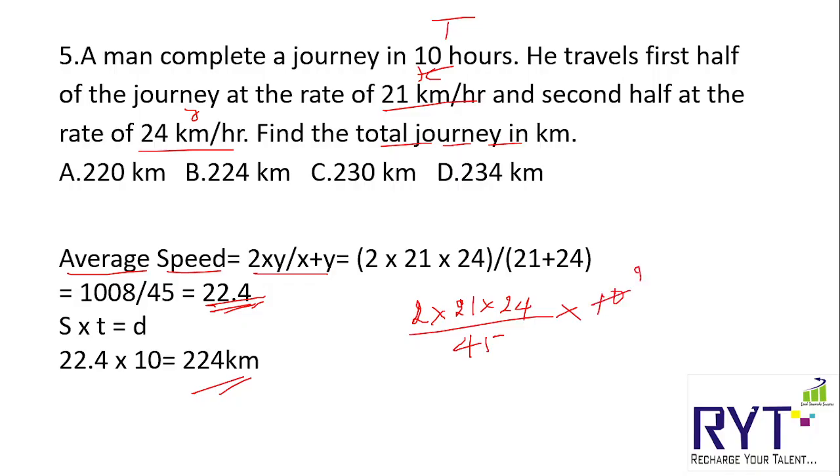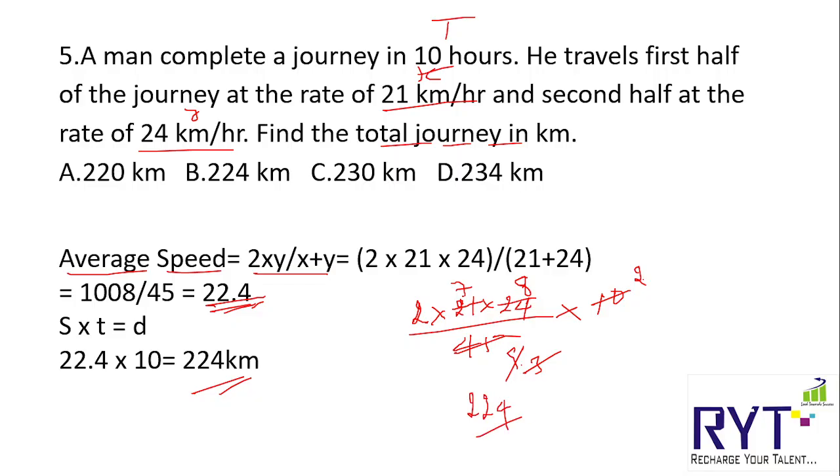Can we say 5 twos are, 5 nines are 45? 3 threes are 9. 3 sevens are 21. 3 ones are 3. 3 eights are 24. So here you get 8 into 7, 56. 56 into 2, 112. 112 into 2, 224.